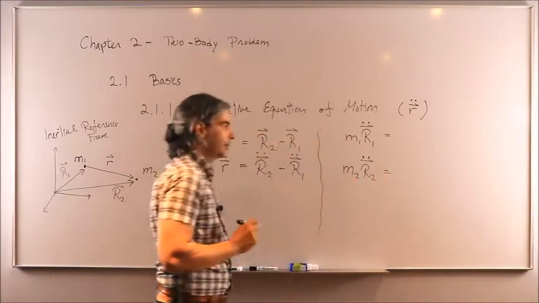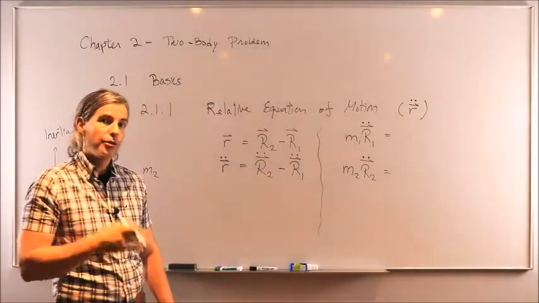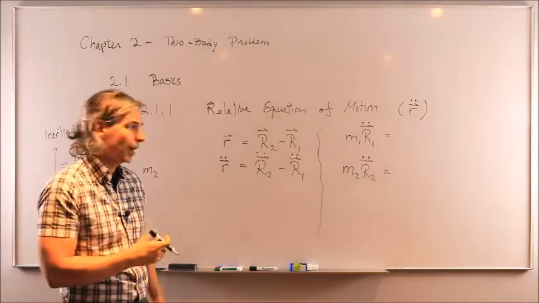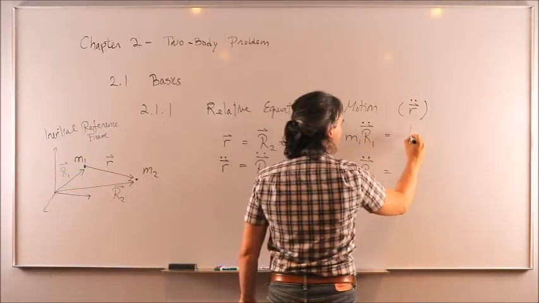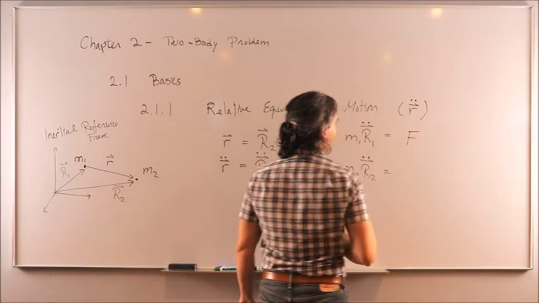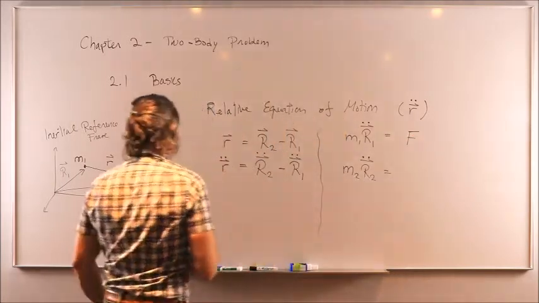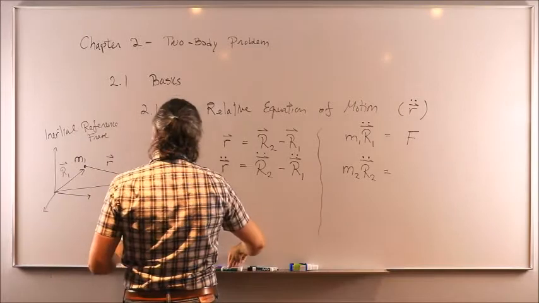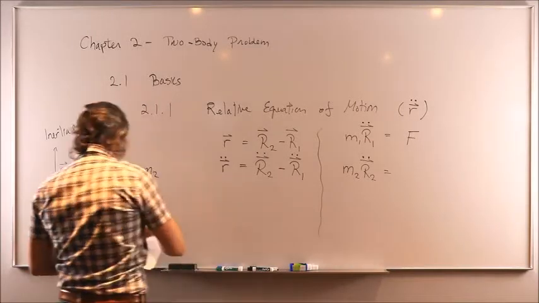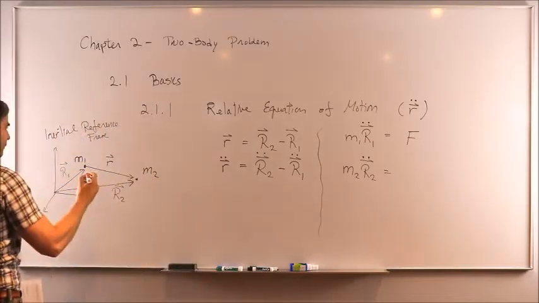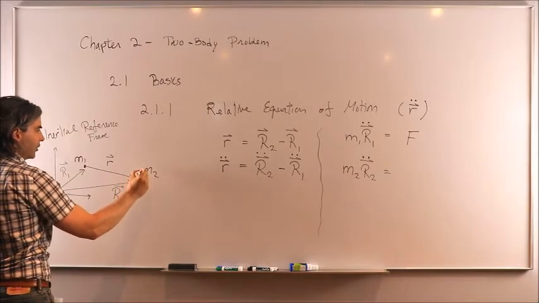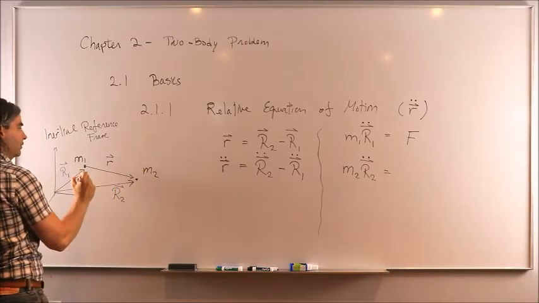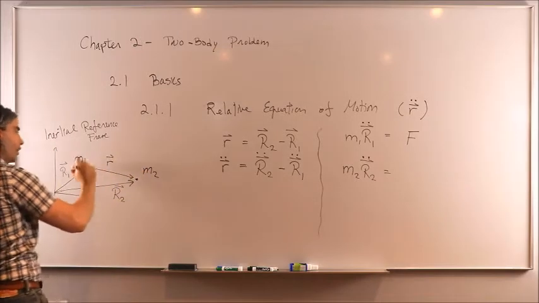What do we know about those two accelerations? Well, Newton's second law, as we said in the previous chapter, told us that ma is equal to the net force being applied onto the mass. What is the net force being applied onto M1? Well, this is the attracting force as exerted by M2 on M1.